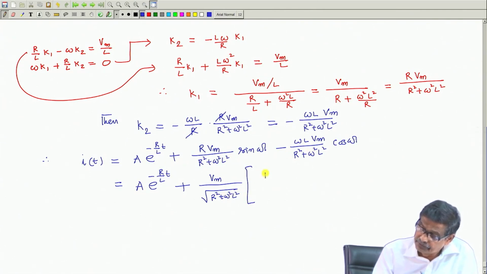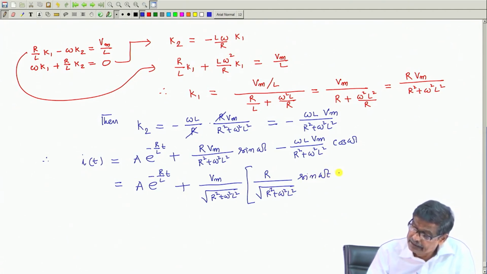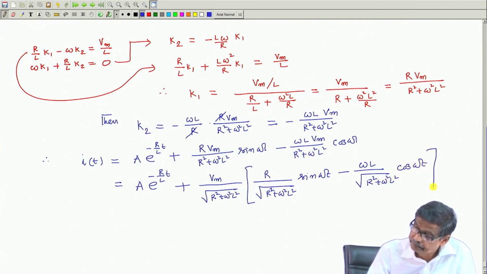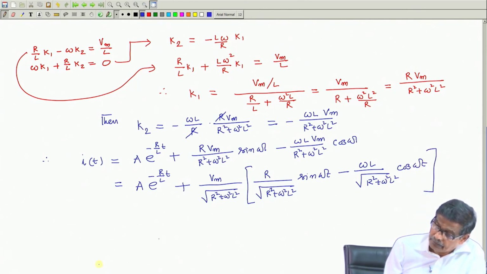Then you will be left with r over square root of r square plus omega square L square into sin omega t, and minus omega L over the same square root into cos omega t. It will be like that.